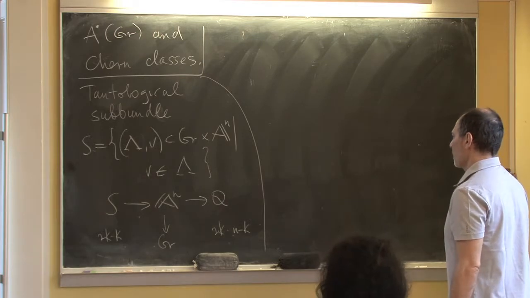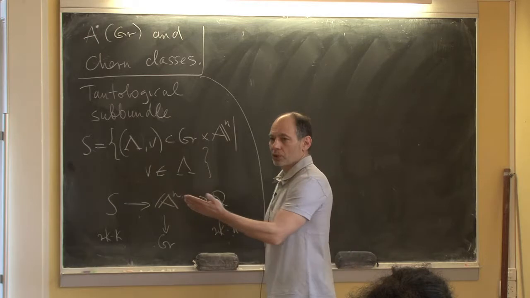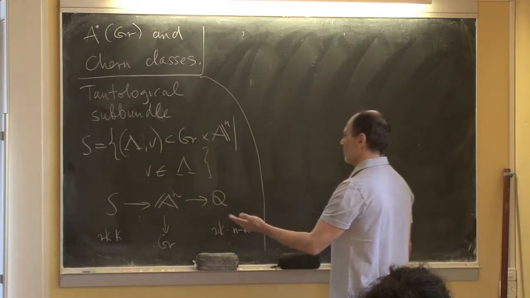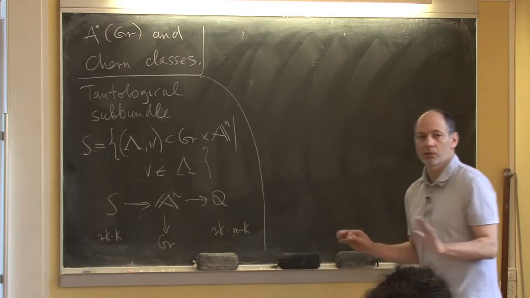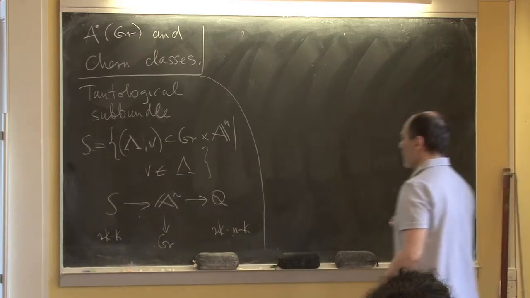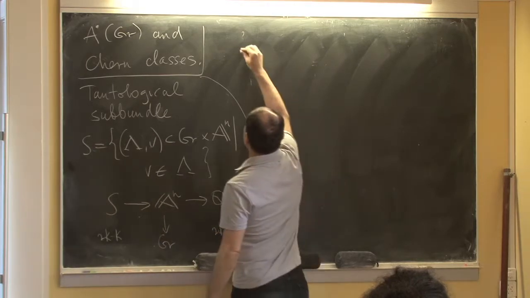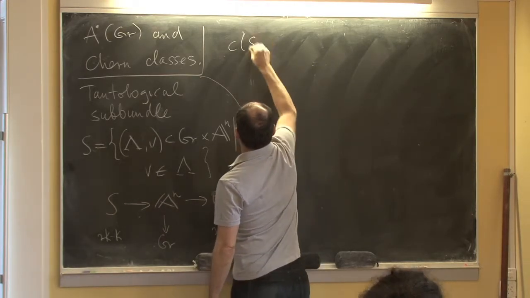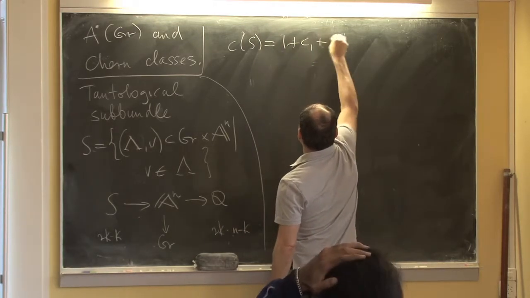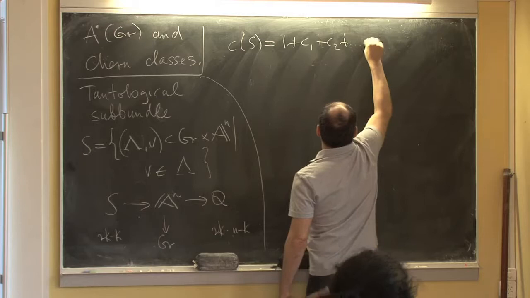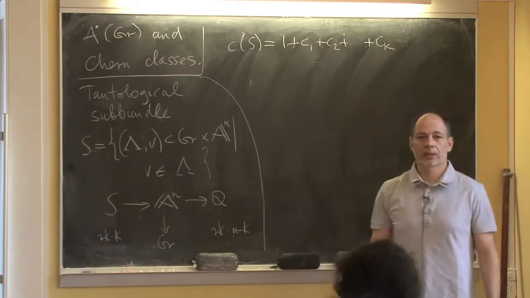All right, so we know that these are bundles, so we can write down their Chern classes, and we introduce a calculus using only Whitney's formula. So for S, for example, c(S) let's call it 1 plus c1, the first Chern class, c2, the second Chern class, plus the kth Chern class. It's a rank K bundle, so it has K Chern classes.